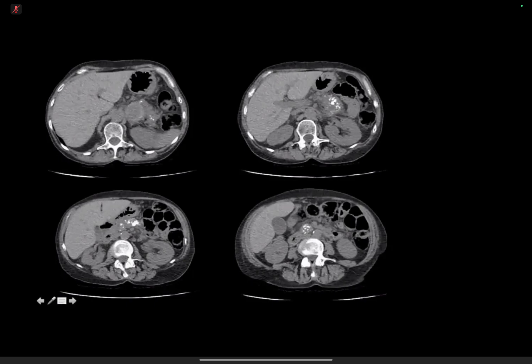Okay. So these are selected unenhanced CT images of the upper abdomen. I can see abnormal calcifications within the pancreas.